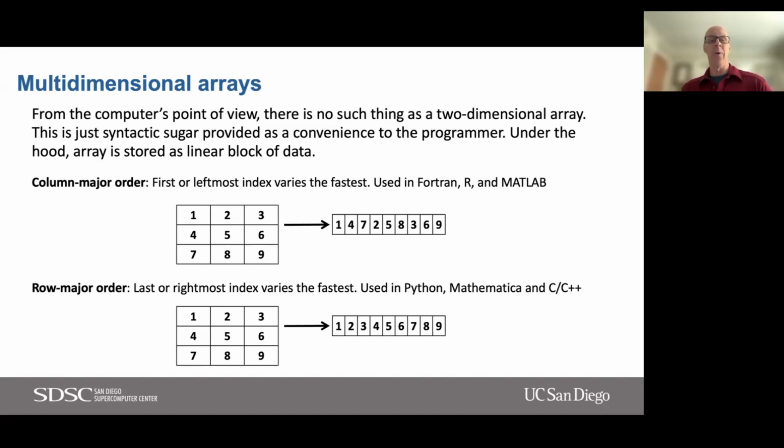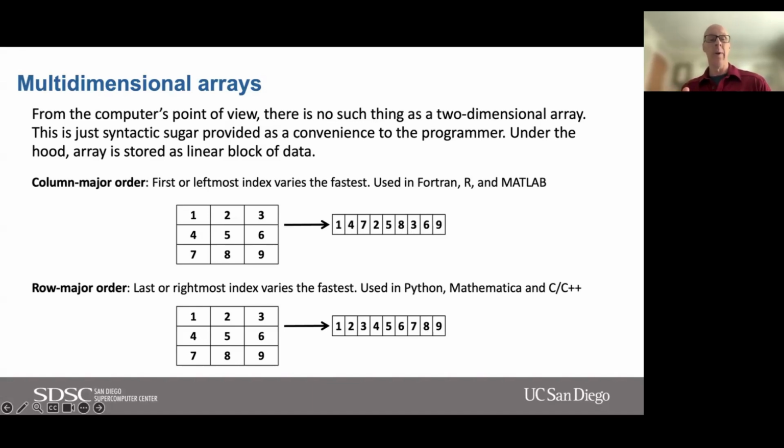There's column major order, which is where the first or leftmost index varies the fastest. And this is what's used in Fortran, R, and MATLAB. Let's say I have this two-dimensional array with elements 1 through 9. The way they're going to be laid out in memory is we're going to go down the first column, 1, 4, 7, the second column, 2, 5, 8, the third column, 3, 6, 9.